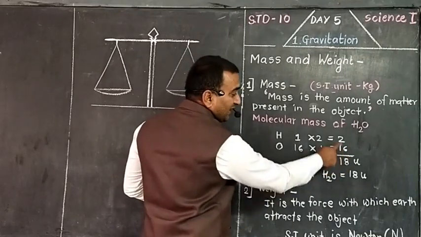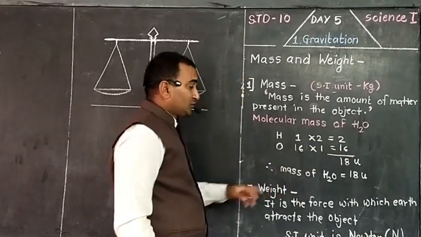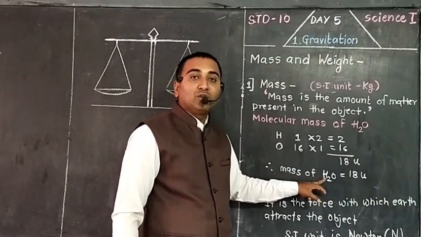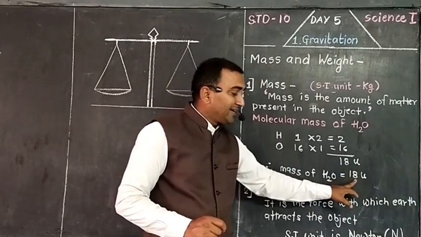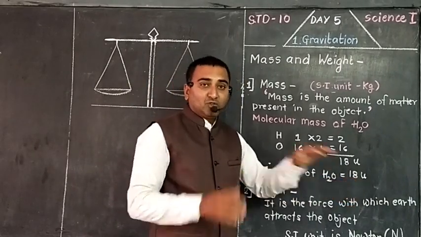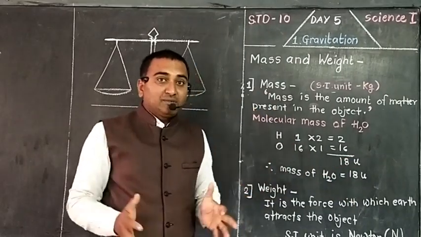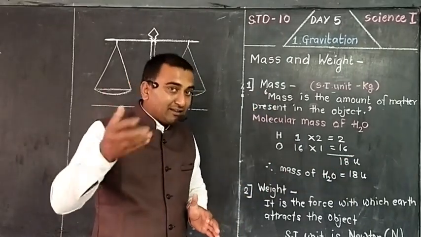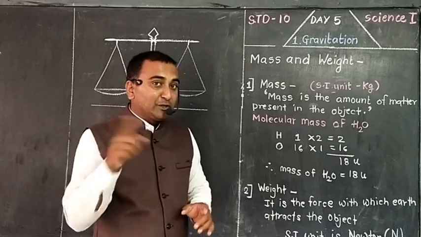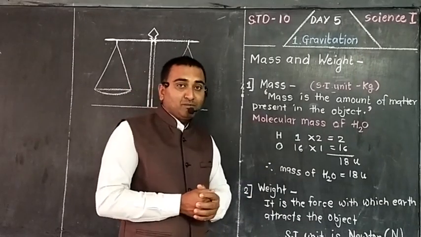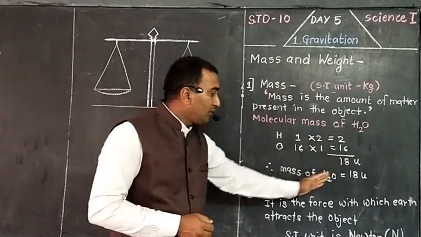Totally we are getting 18 Dalton. So the mass of one molecule of water is 18 Dalton. Like this, a container or object contains a number of particles or molecules, and according to that the mass depends. That is the total mass.